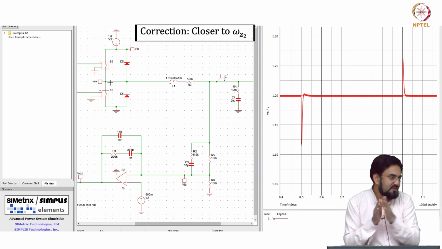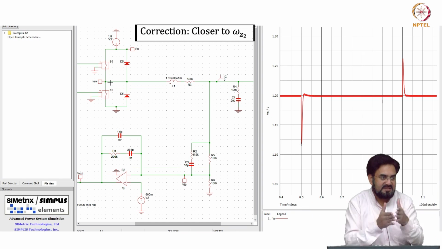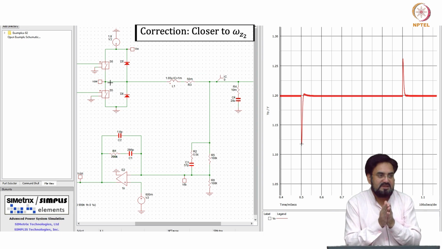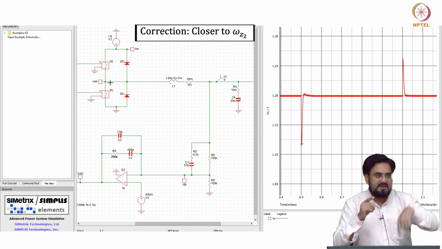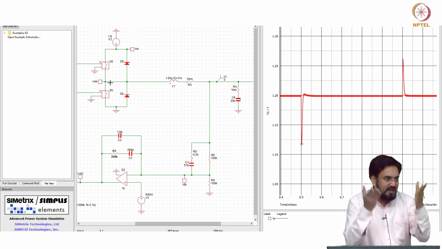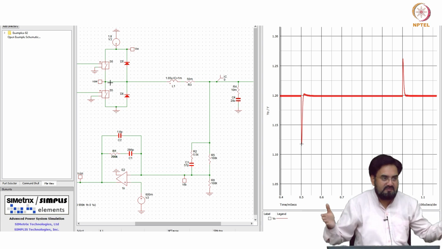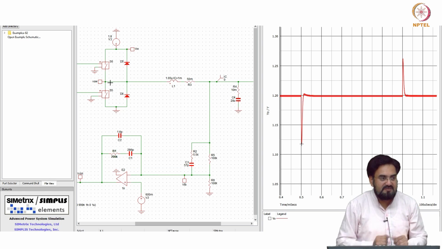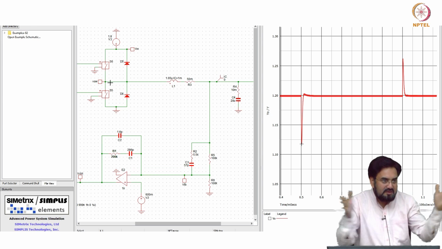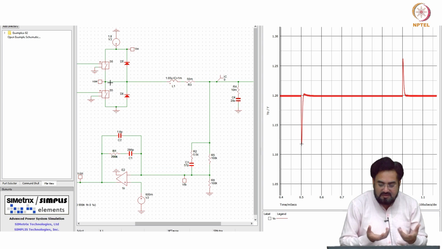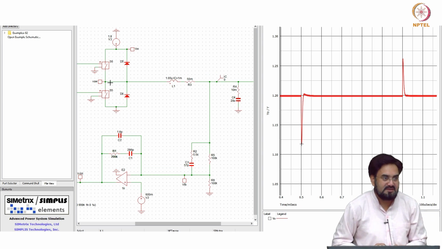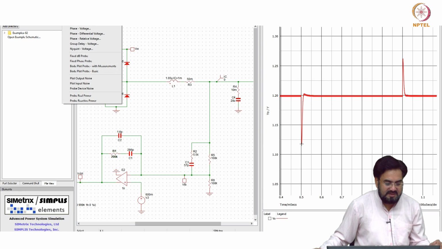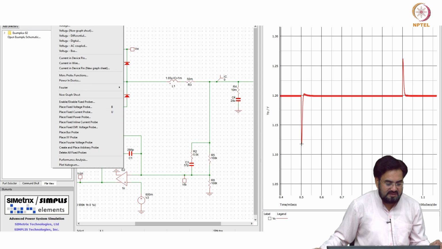If you move the first 0 inside, you are expanding that region, and if you move the first 0 closer to omega z1, then you get more of a narrow band. Now you are widening that band. So overall, if you look at the loop gain, it will also flatten out for a wider range. That will not look like a first order system in that case. Okay. So settling will not be good in that case, and we can look here.